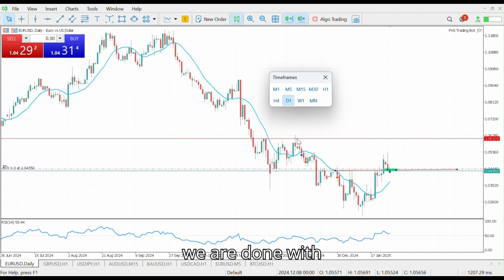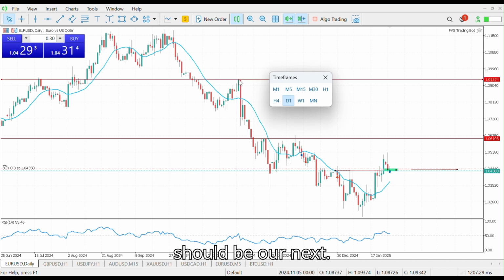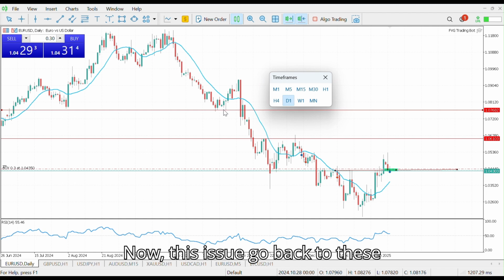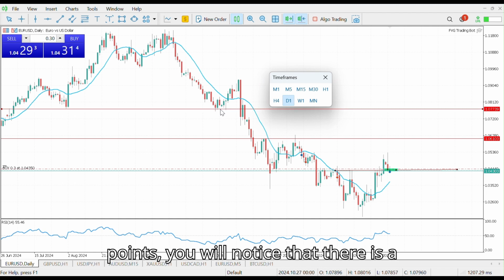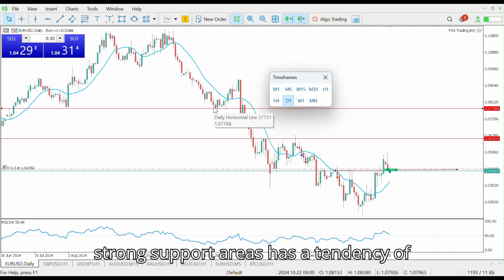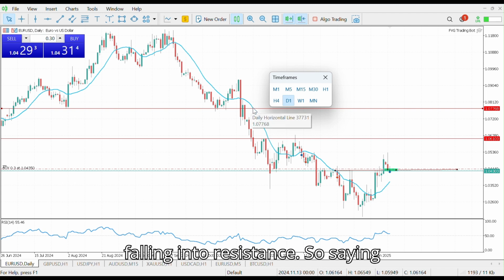And if price should make a further move, this also should be our next. Now, if you go back to these points, you will notice that there is a strong support here, and normally strong support areas have a tendency of turning into resistance.